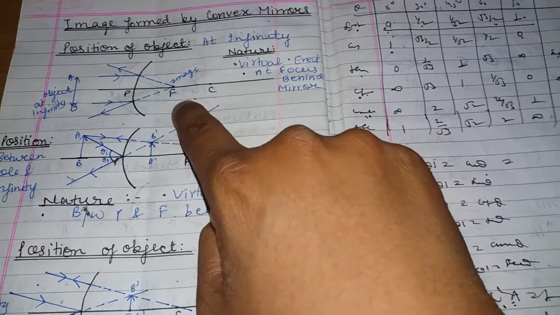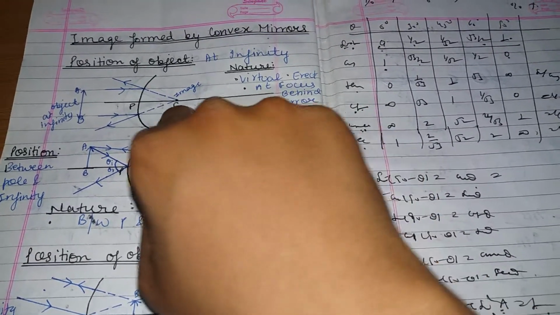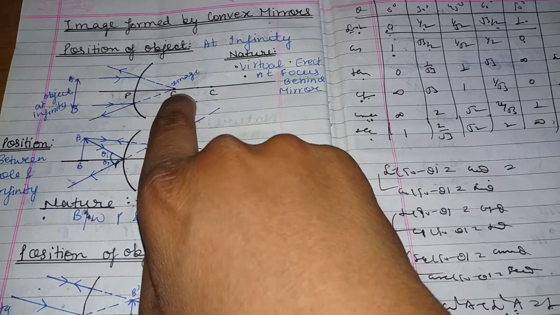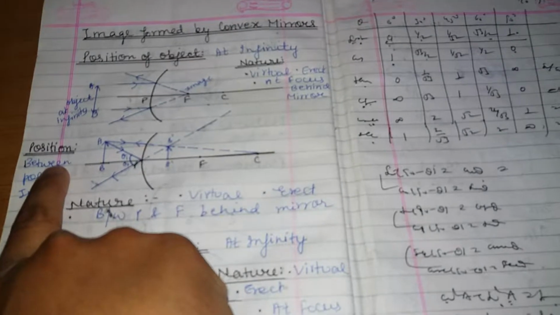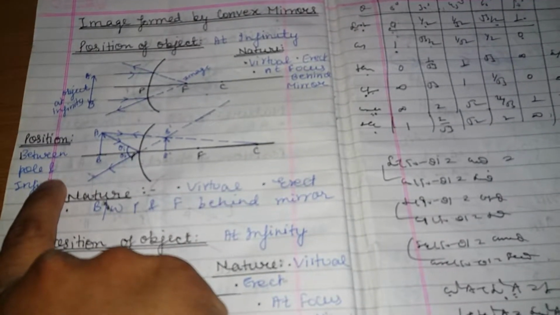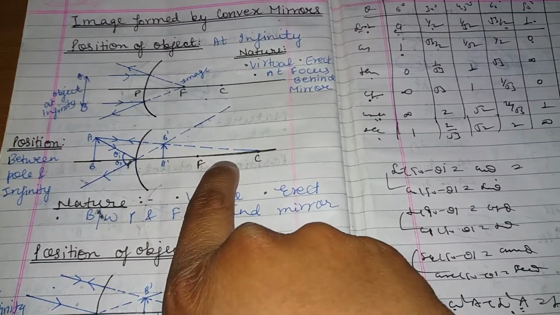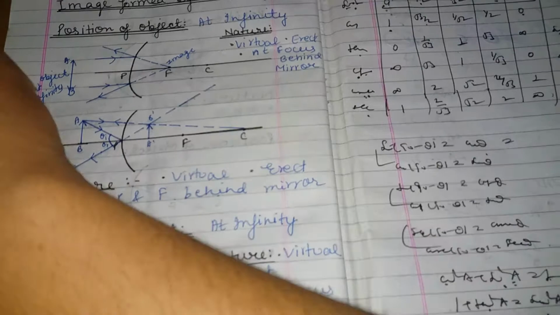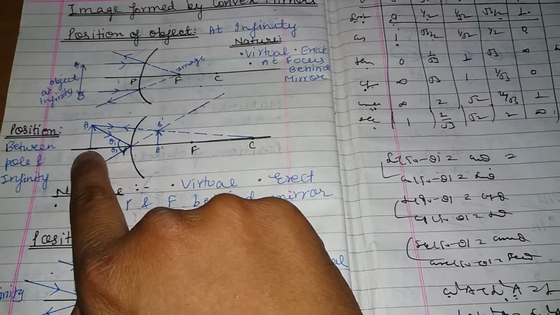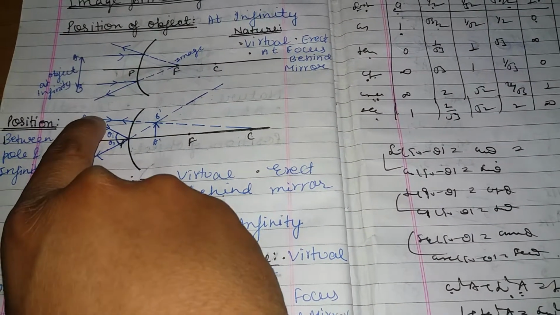It will meet at the focus and the image is behind the mirror. In the second case, the position of the object is between the pole and infinity. So I took the object at AB.